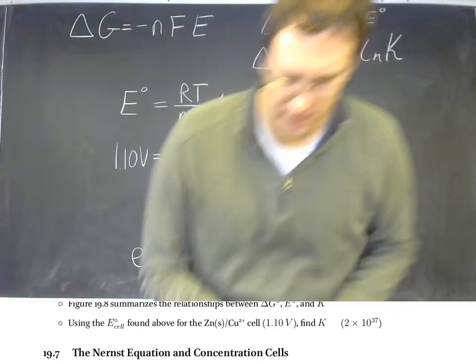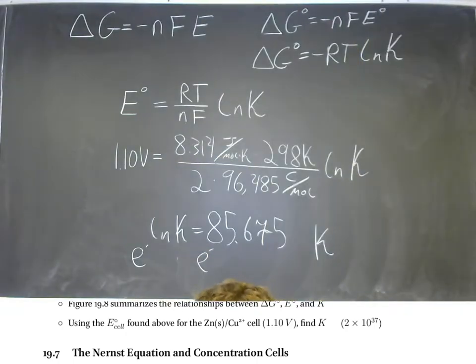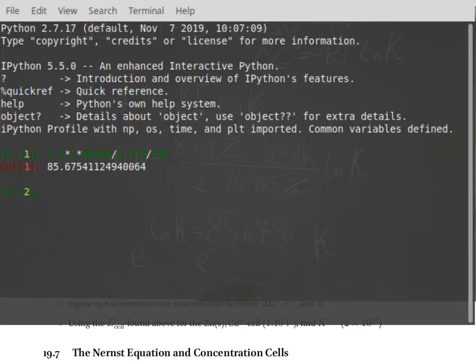So let's double check, as long as I've got my calculator up. Let's double check that. So, 85.675. Yes, and I don't know why I only gave myself one sig fig in my notes.